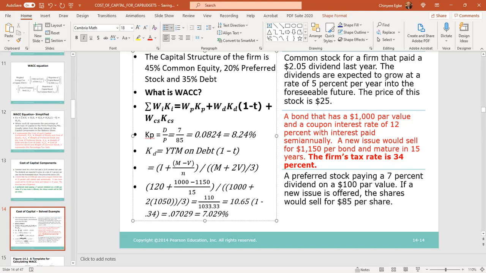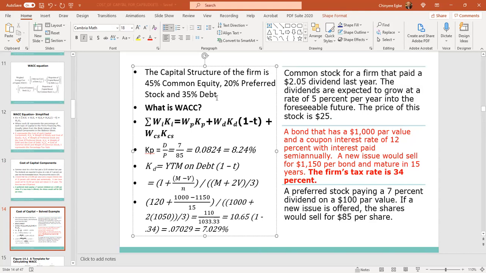Now, what is the cost of common stock? We're going to have to open another line, or maybe we already have this information. Let us see if we can squeeze it here.